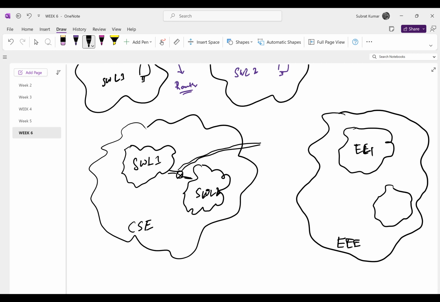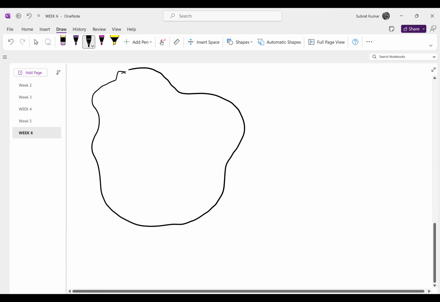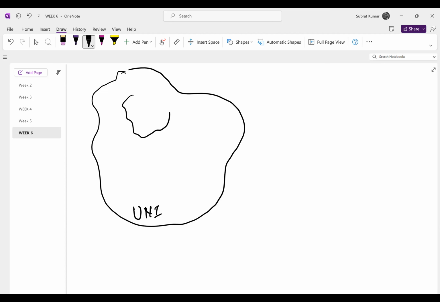Similarly, if you go a bit up, you'll find here is your university 1, that is your CSE, your triple E, and all these things connected to a router.